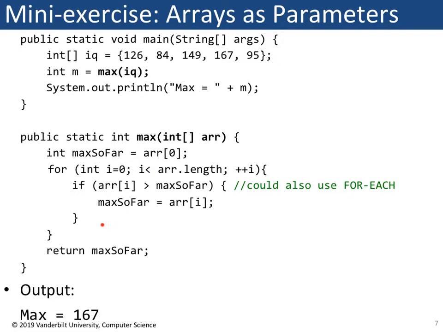We do this for, as I said, each element in the array. So when we are done, maxSoFar will contain the maximum value in the array. Then we return that value. So when we pass IQ, this method will return 167 and be stored in m, and we print max equals 167.